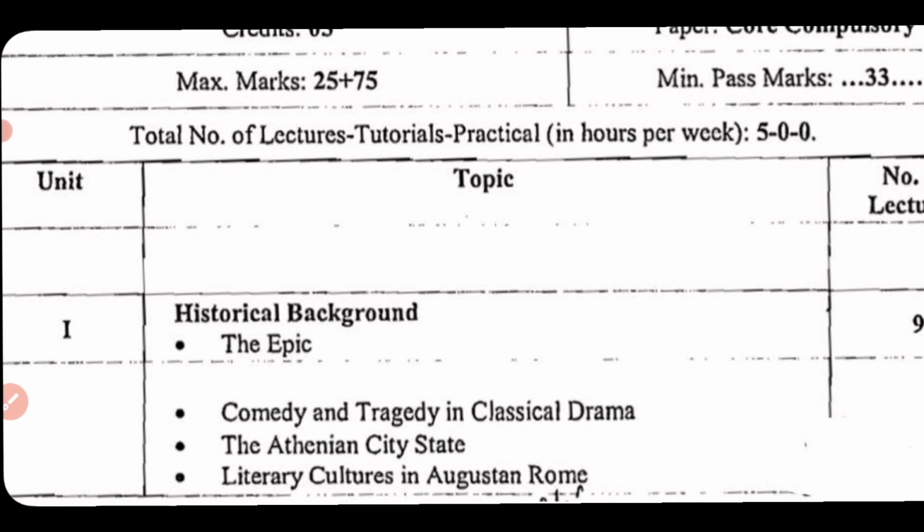By studying this paper, students will understand the background of Greek and Roman literature, learn about great classical writers like Plato, Homer, and Sophocles, study the development of English drama, understand the Renaissance and Reformation, and explore Elizabethan and metaphysical poetry, learn about Neoclassicism and Romanticism, study Victorian literature, and understand 20th century poetry, drama, and novels.